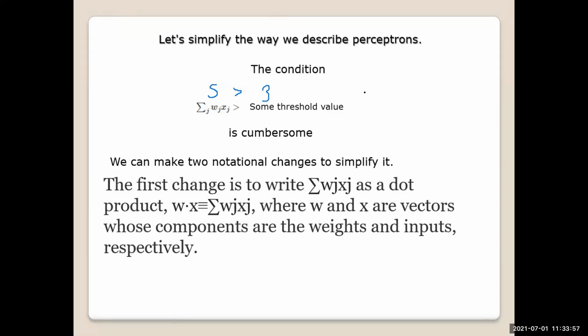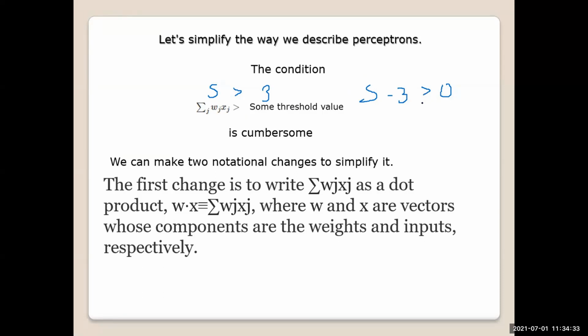So we can just rewrite this as S minus 3 is greater than 0, right? That's the same thing. You just bring the -3 to this side, and we get S minus 3 is greater than 0. That's all they're talking about doing. So you can take the sum minus the threshold is greater than 0.